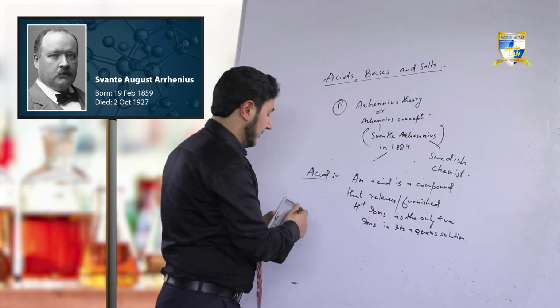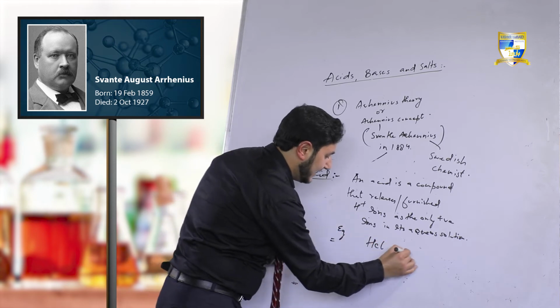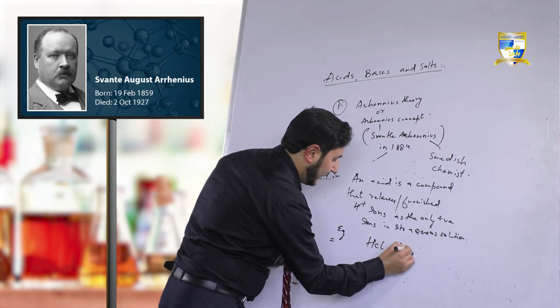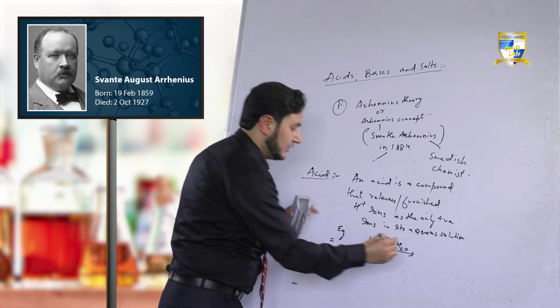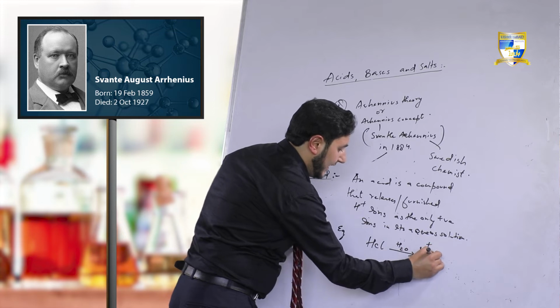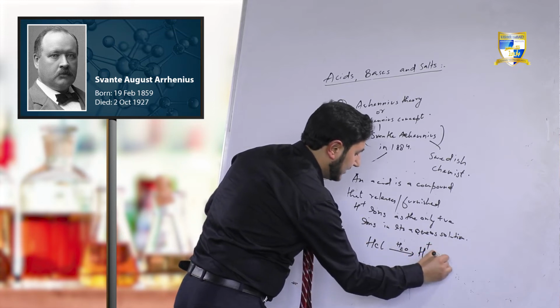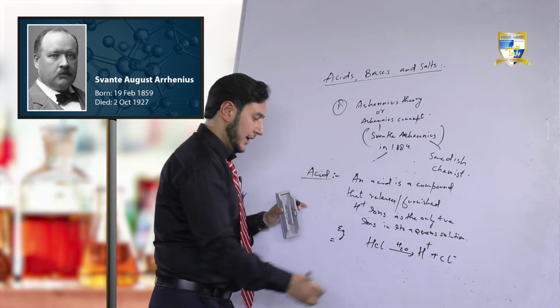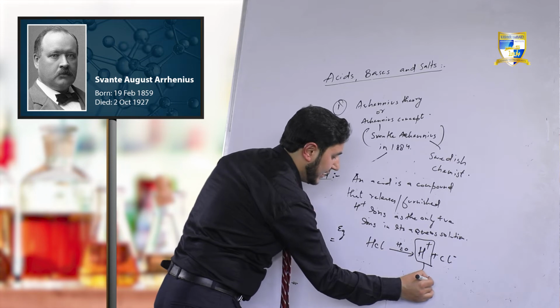Example, HCl. When HCl is dissolved in water, that is in aqueous solution, it dissociates into H positive and Cl negative ion. So it furnished H positive ion, hydrogen ion.